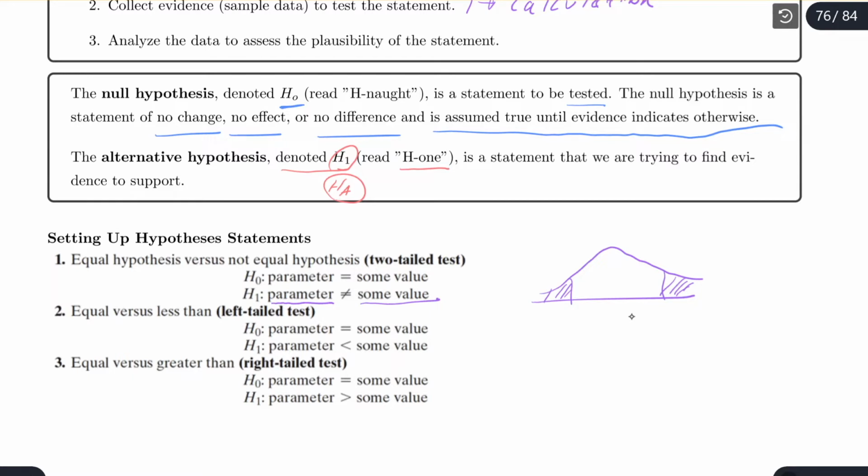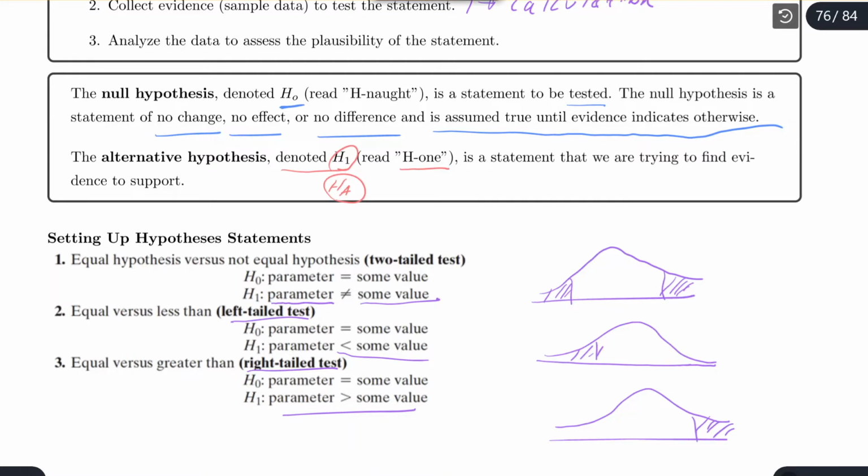That's why it's two-tail: not equal means the value has to be either greater or less. It would be a left-tail test if the parameter is less than some value, which is right here. And a right-tail test is for greater than some value. So in this case, we're finding the probability of this. So just know that depending on the problem, we have three types of tests.